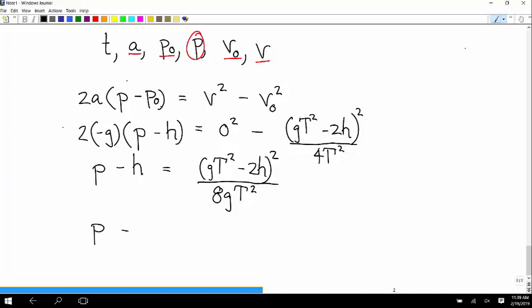And now solve for P, and you get the quantity G T squared minus 2H squared over 8G T squared plus H. Any questions about that?